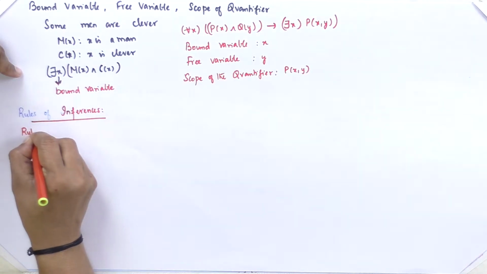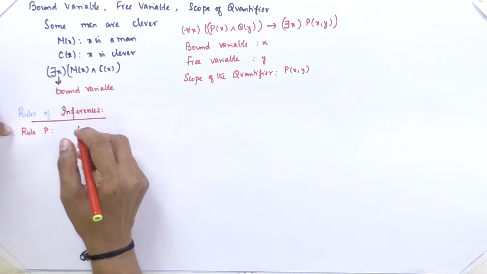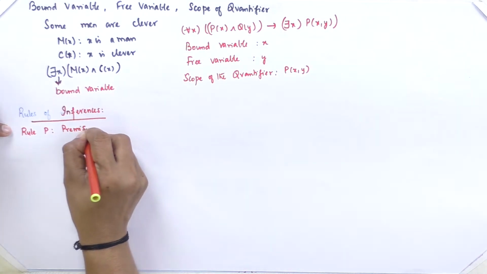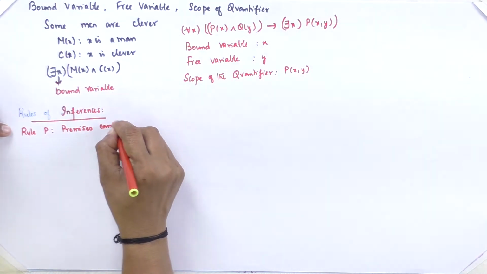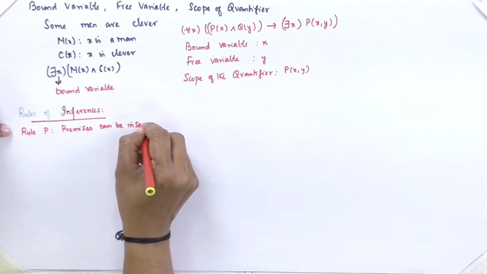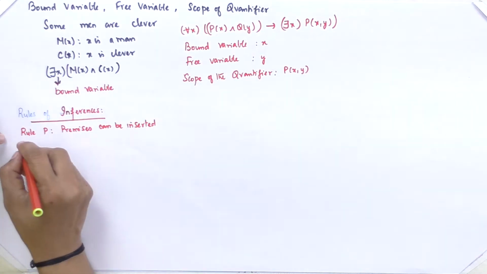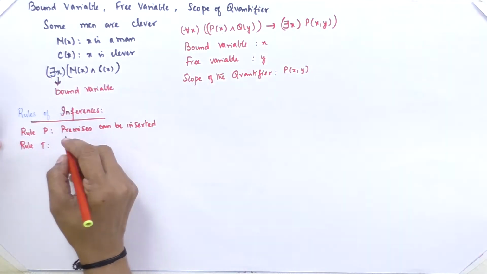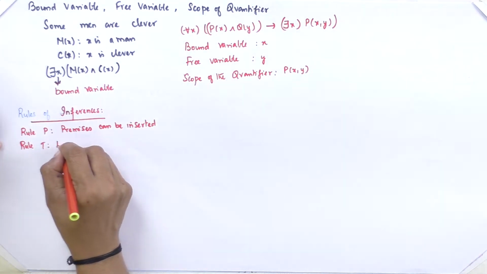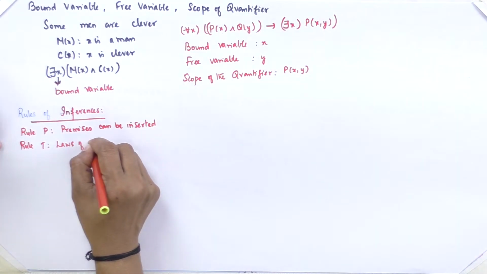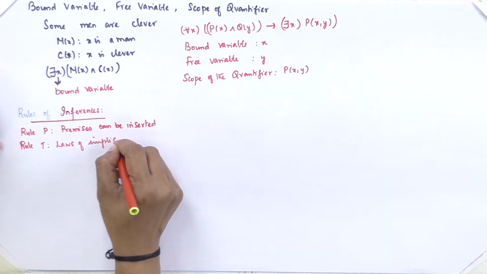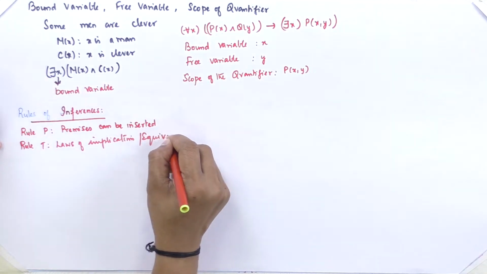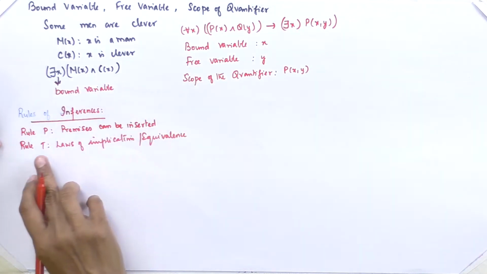So rule P is that at any point of time the premises can be inserted. And rule T is where we apply the suitable laws of implication or equivalence, and then simplify.